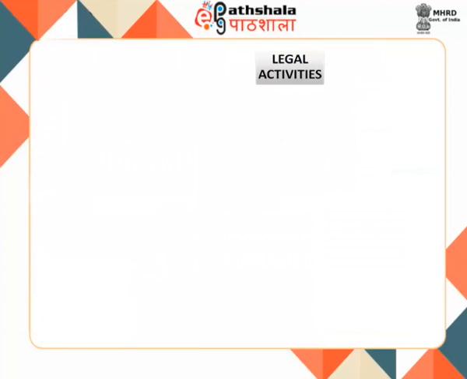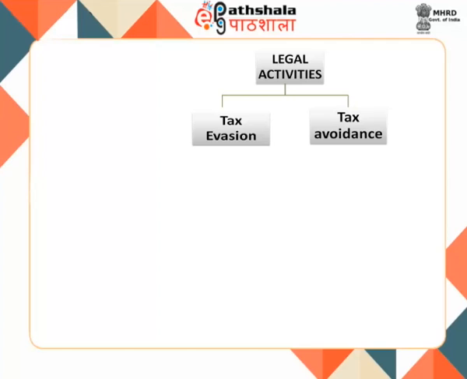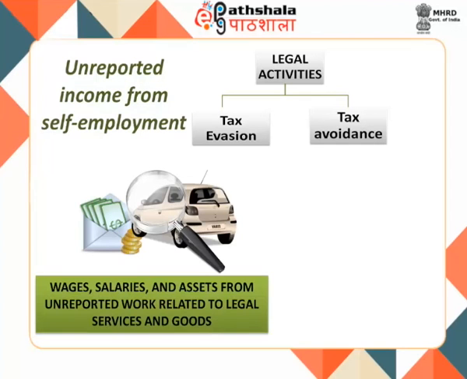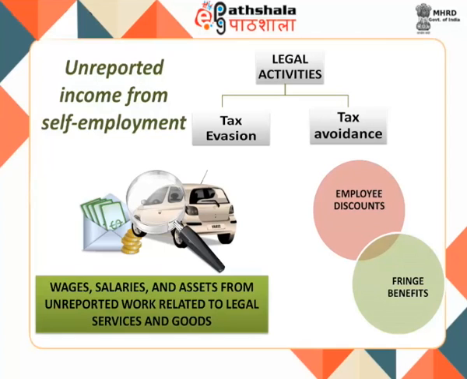Legal activities involve tax evasion and tax avoidance. Tax evasion means unreported income from self employment, wages, salaries, and assets from unreported work related to legal services and goods. Tax avoidance refers to employee discounts, fringe benefits, all do it yourself work, and neighbor help.